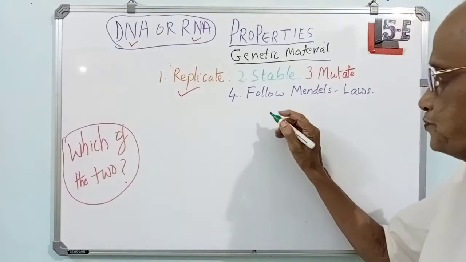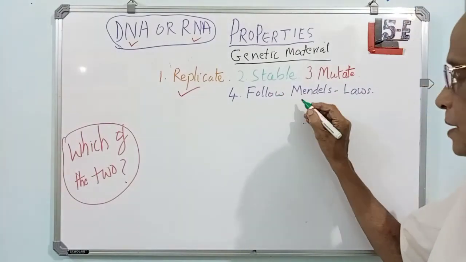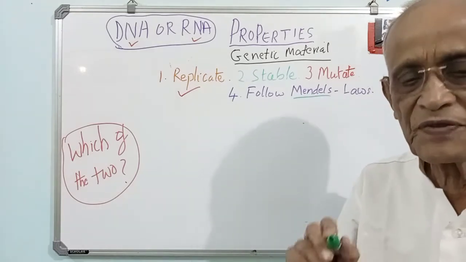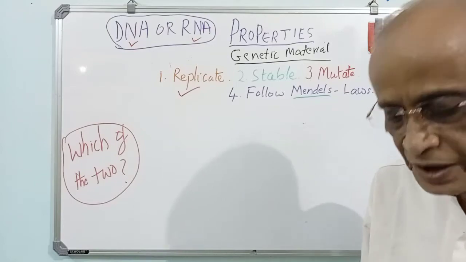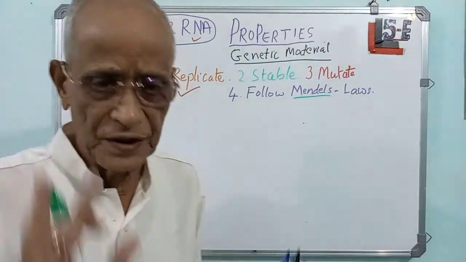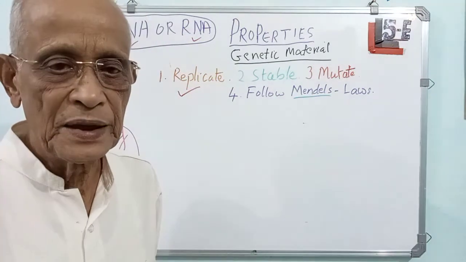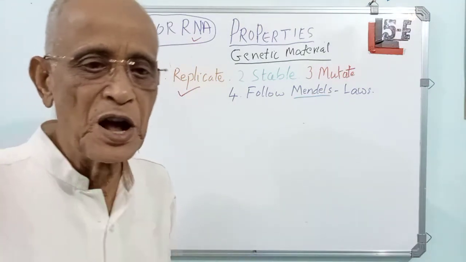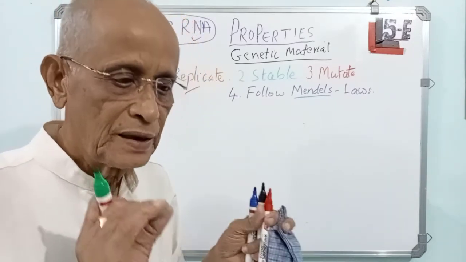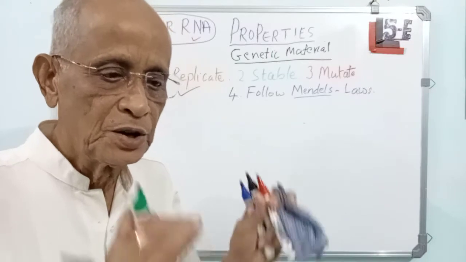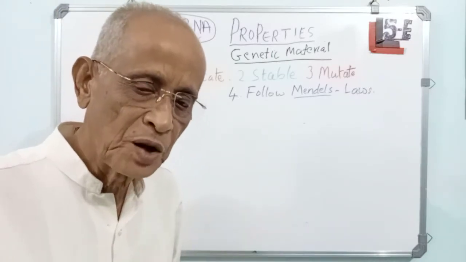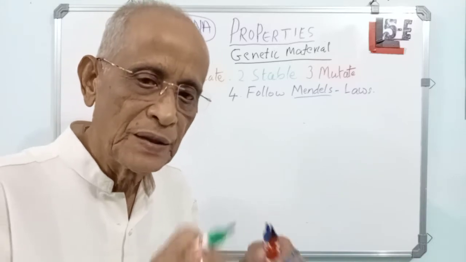The fourth one is that the material should follow Gregor Mendel's laws of heredity. These are the four important properties that have been suggested as a reference point for deciding which is the predominant molecule that is essential for storing, protecting and passing on the genetic information to the next level.